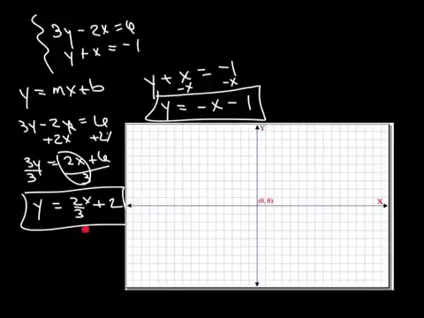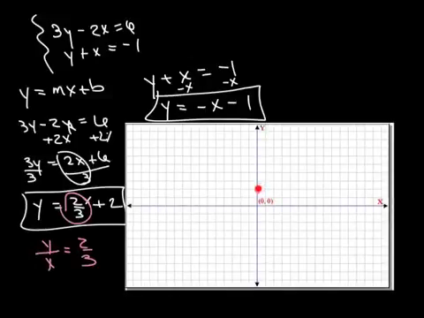So let's graph this one down here first. The y-intercept is 2, the slope is 2/3. So if the y-intercept is 2, that means it crosses y right there at 2. And then the slope is 2/3, and if you remember, slope is y over x. So from my y-intercept, I go y and then x to find my next point.